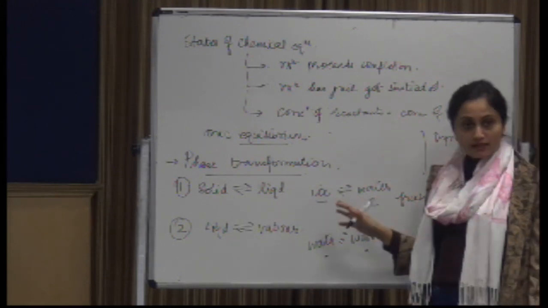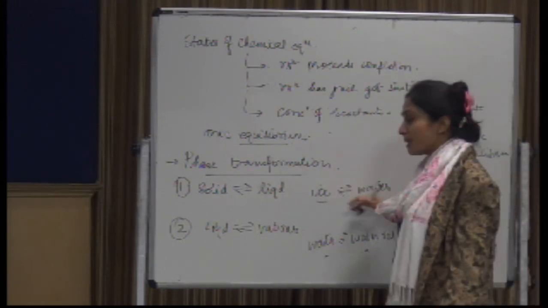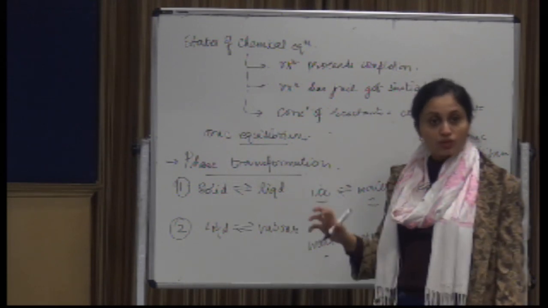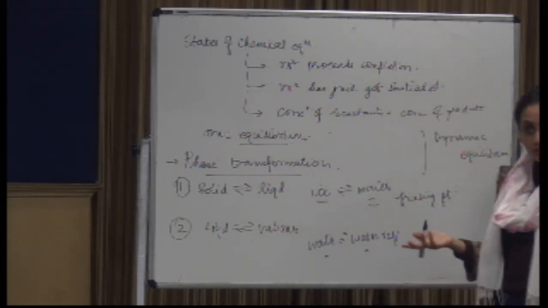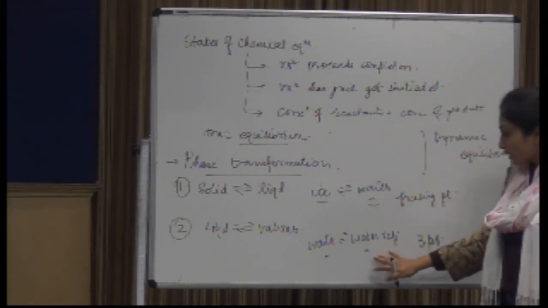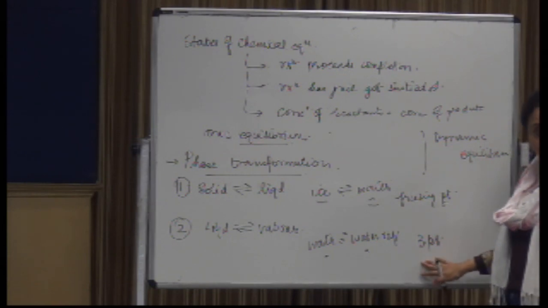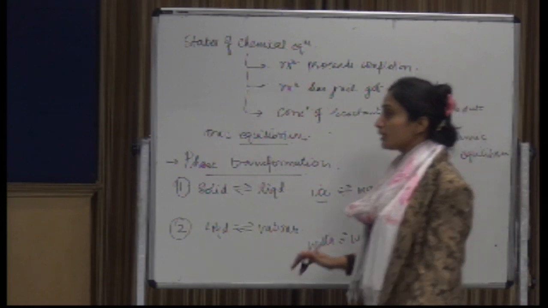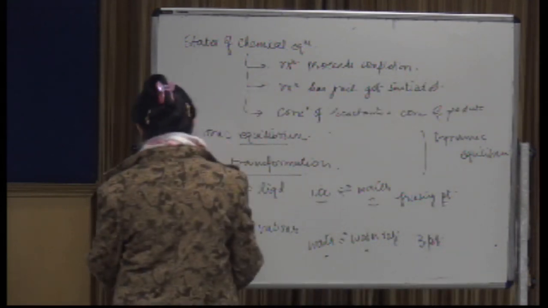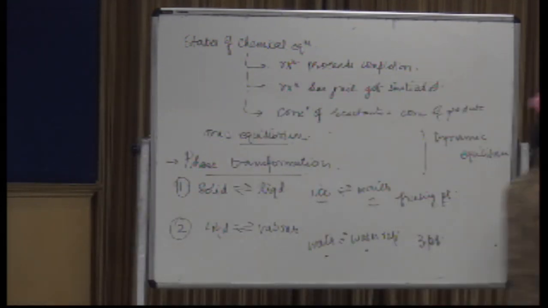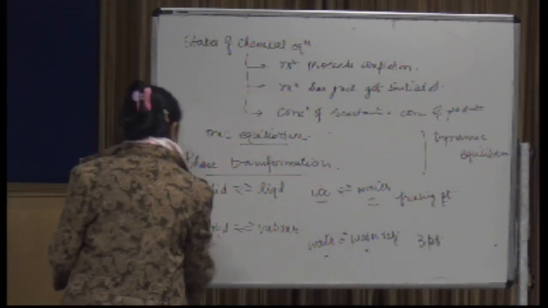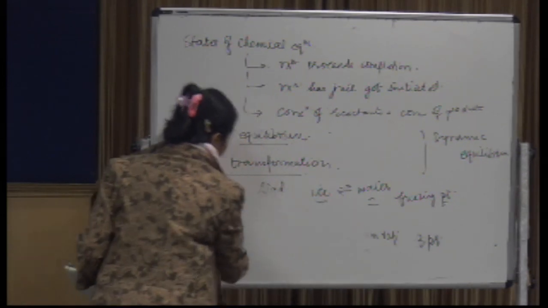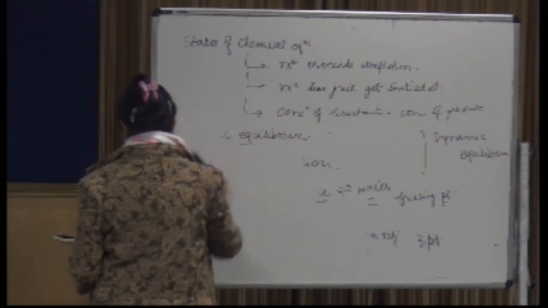When your water gets converted into ice, you call it the freezing point, and when your vapor pressure becomes equivalent to the atmospheric pressure, then you call it the boiling point. Another thing is that you can state that when water and water vapor are in equilibrium at atmospheric pressure, then also you say that the boiling point is achieved.